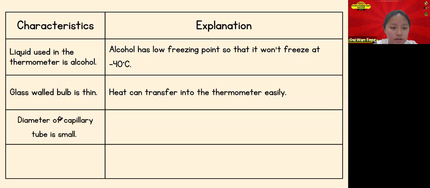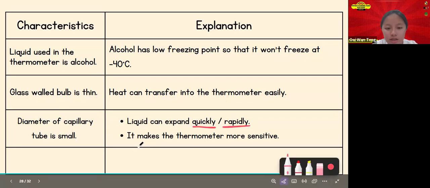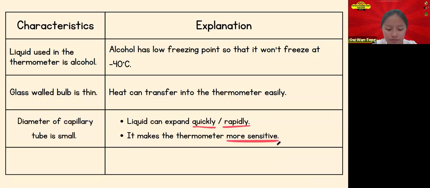Okay, the third characteristic, the diameter of capillary tube is small. And the reason is there are two explanations. You can choose either one. So the first one is liquid can expand quickly, or you can say rapidly. And the second explanation is you can say that it makes the thermometer more sensitive.